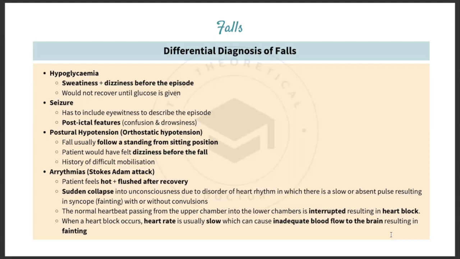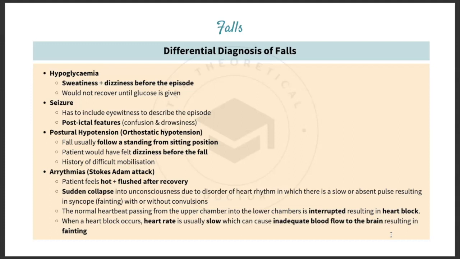Now, in the case of Stokes-Adams attack, it usually affects older people. The patient will feel hot and flushed after the recovery, and this is due to the sudden collapse into unconsciousness due to a disorder of heart rhythm, in which there is a slow or absent pulse, causing the patient to faint with or without convulsions.